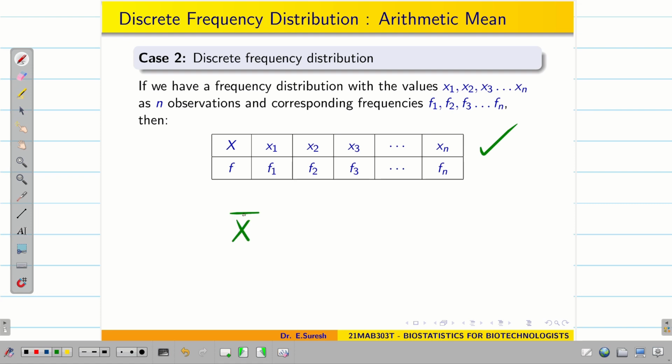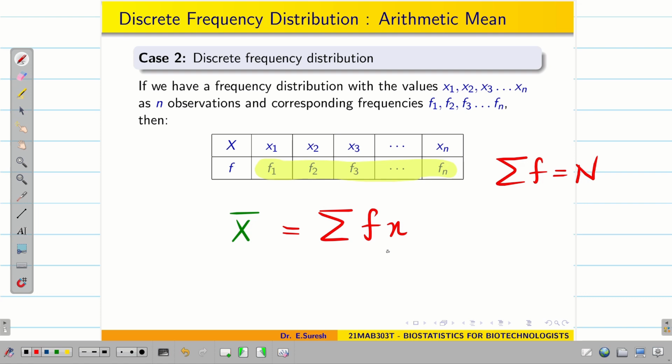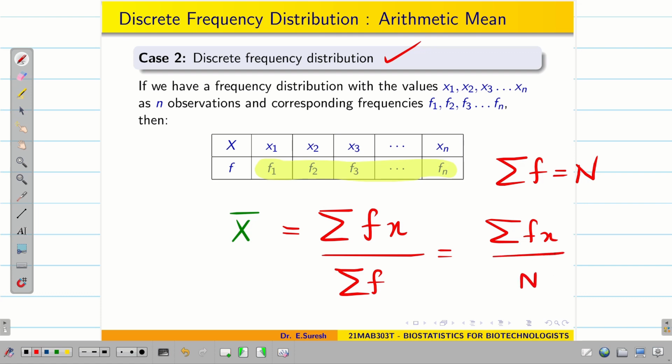In this case, how to find my x bar? First, we have to multiply x1 with f1, x2 with f2, x3 with f3, etc., fn with xn. Therefore, you have to multiply the frequencies with x and sum this. It is going to be summation fx. Next, we have to sum all the frequencies, that is f1 plus f2 plus f3, etc. So, sum of frequencies, we are going to take it as capital N. The arithmetic mean for discrete frequency distribution is summation fx by summation f, or in some books people use summation fx by capital N. Both are correct.